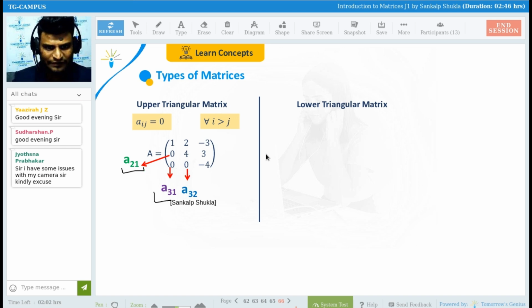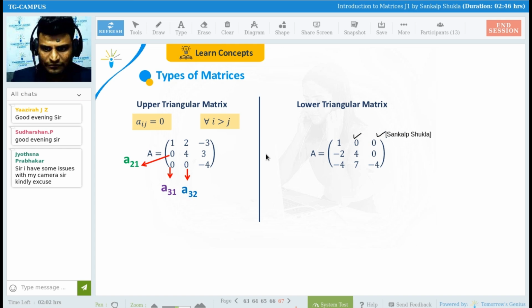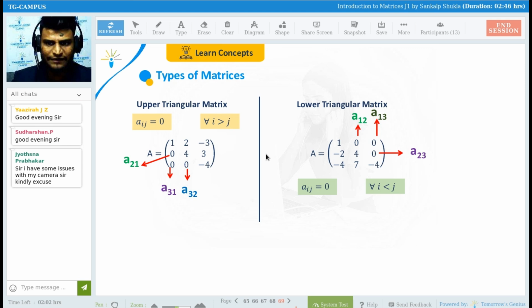See, A21 is there, A31 is there, A32 is there, and here you can see that these elements are 0: A12, A13, A23. Okay, so there is one important point also. Aij is 0 for i greater than j.